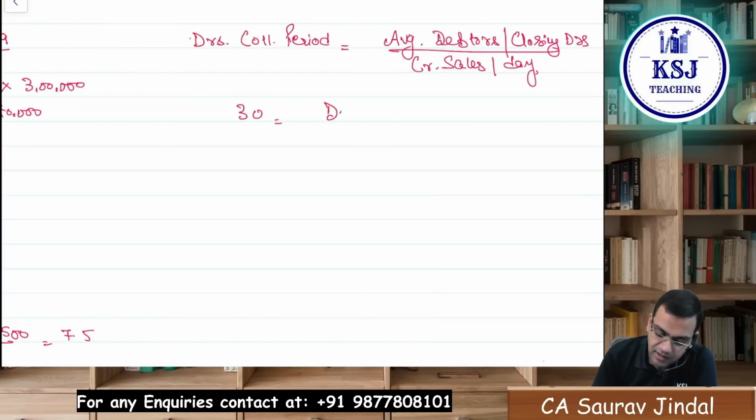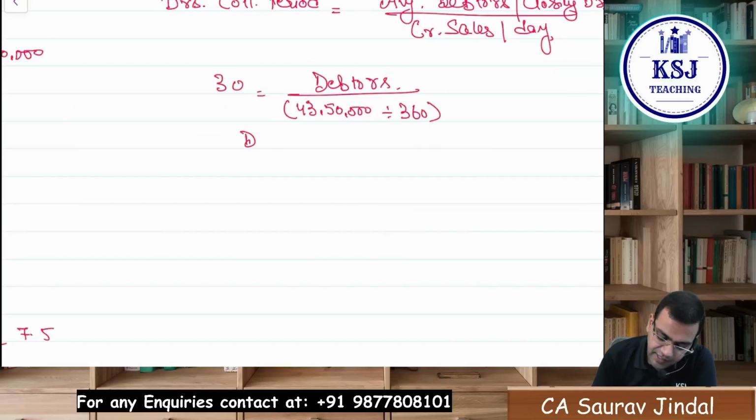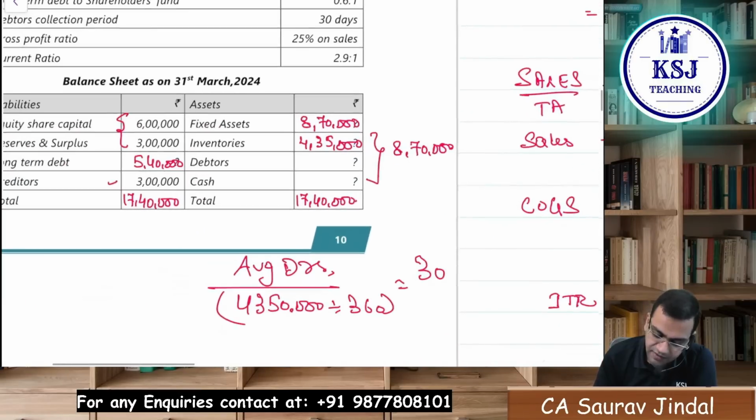Closing debtors we will calculate, divided by sales, which we have calculated as 43,50,000 divided by 360. If you solve this, you will get the value of debtors, which will be 3,62,500. Now what is left is cash.